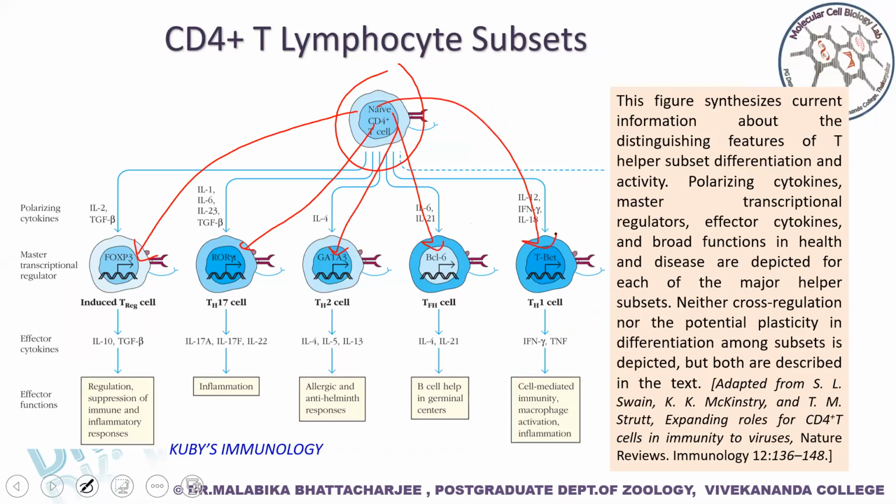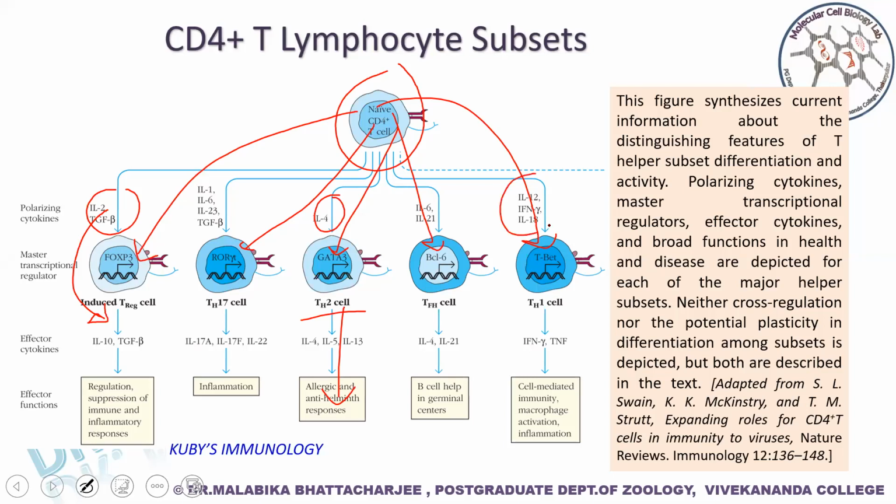So as you can see, these are the polarizing cytokines. When we have IL-2 and TGF-beta, it is a regulatory cell. When we have IL-4, we talked about IL-4 just now, it is a helper 2 cell which induces allergic and antihelminthic response and induces humoral immunity.